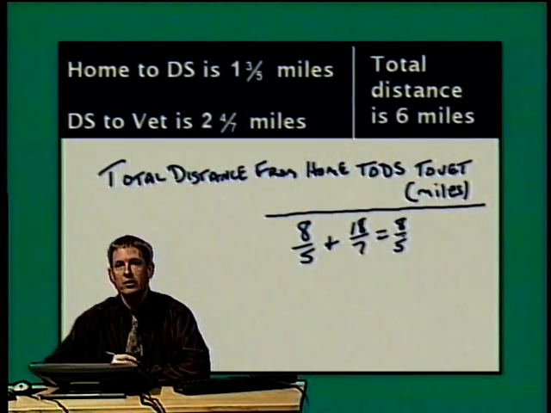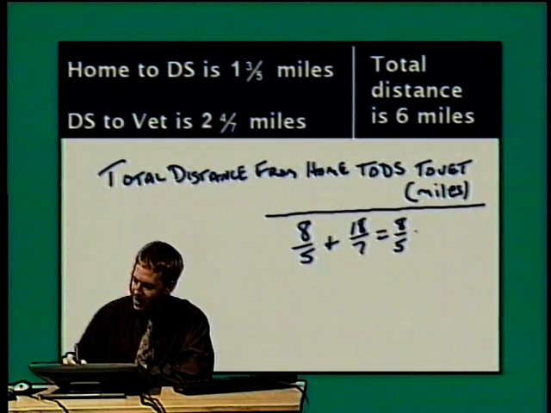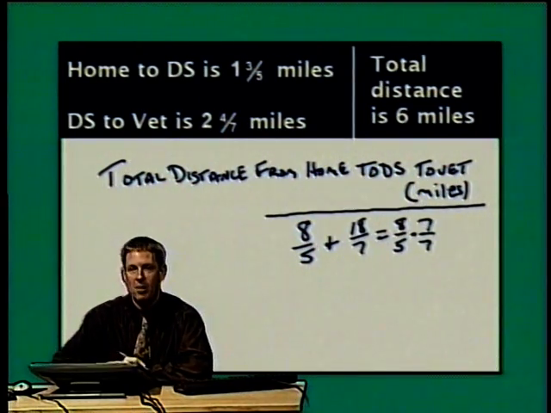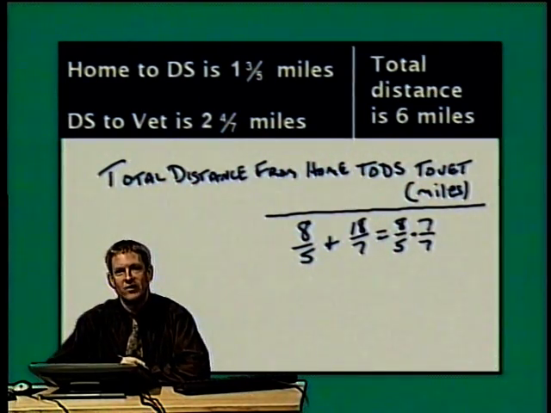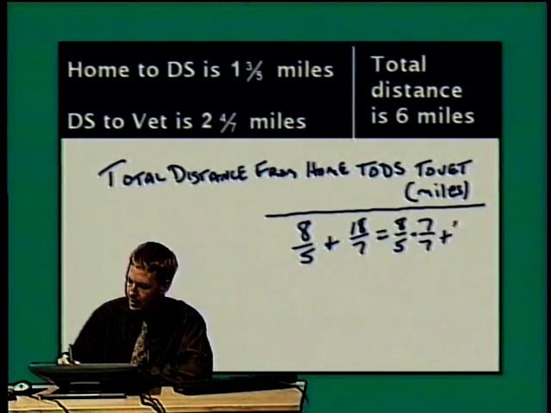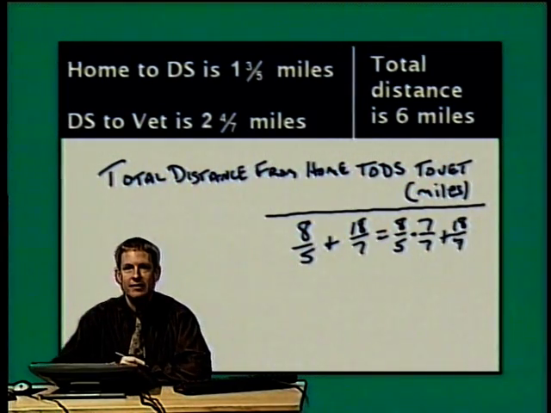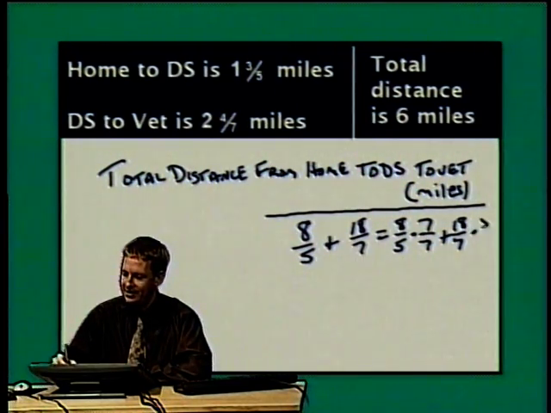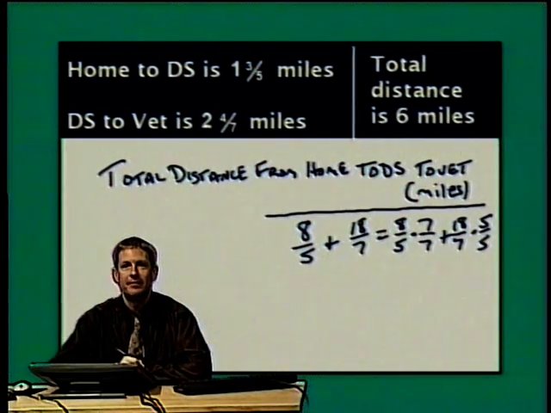That's going to result in a denominator of 35. Since I already have the factor of 5, all I need to do is introduce a factor of 7. So I'm going to multiply 8/5 by 7 over 7. The denominator of 18/7 is missing the factor of 5. So the form of 1 I'm going to multiply 18/7 by is 5 over 5.